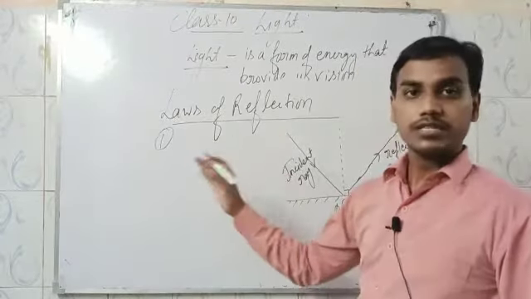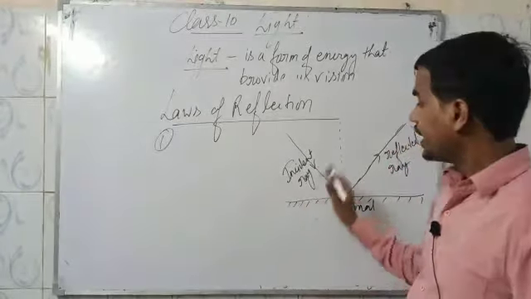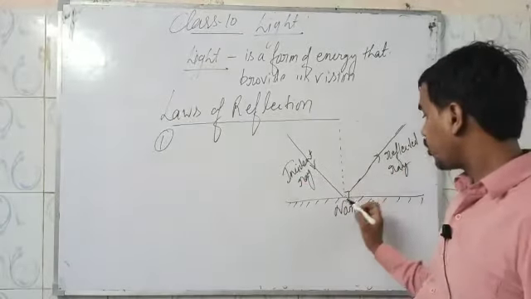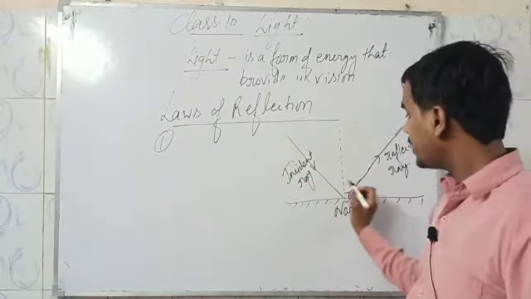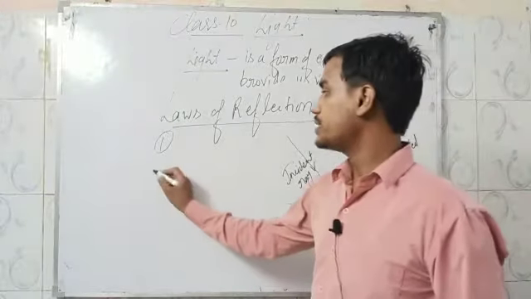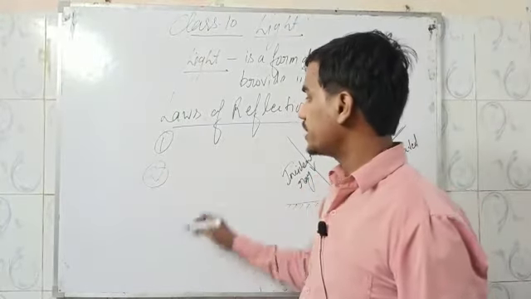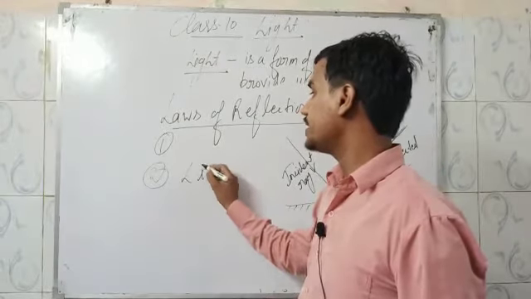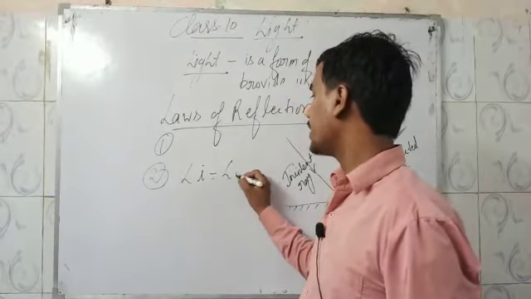So what is the first law? The first law says that the incident ray, reflected ray and normal at the point must lie on the same plane. Now what is the second law? The second law states that the angle of incidence is always equal to the angle of reflection.